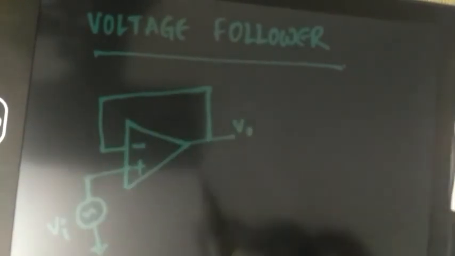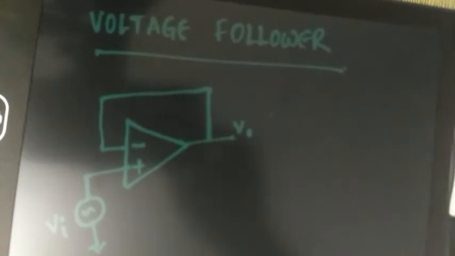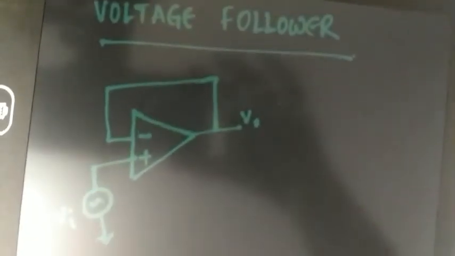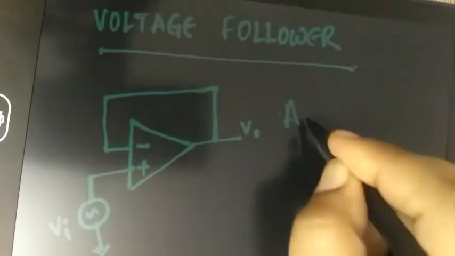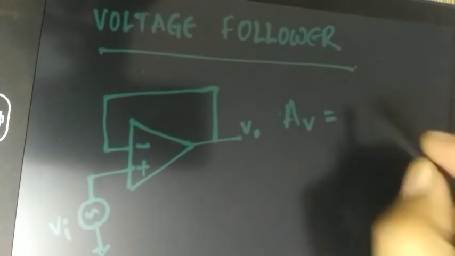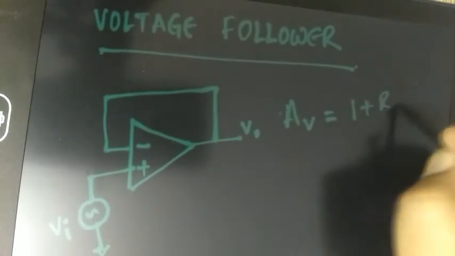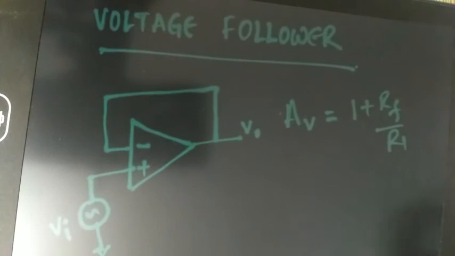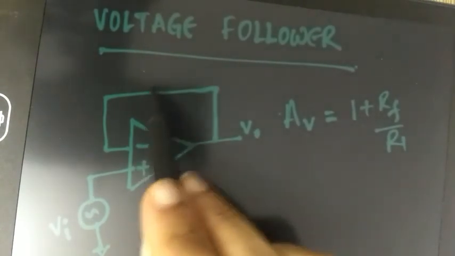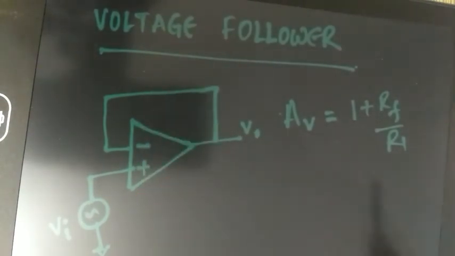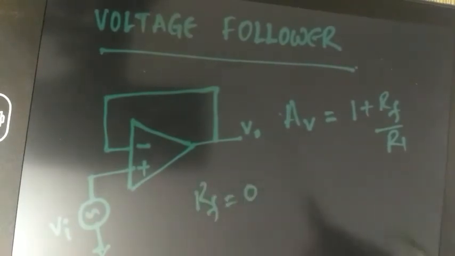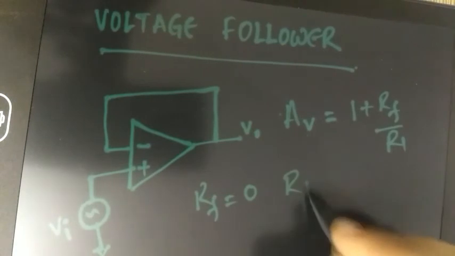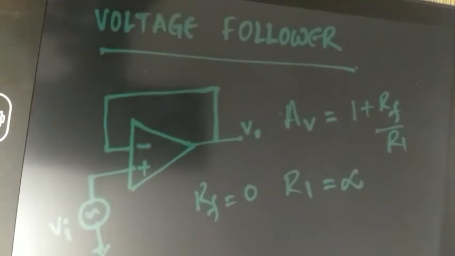in this manner. So this is the circuit for a voltage follower. Now the gain of the non-inverting amplifier is given as AV equal to 1 plus RF by R1. Now over here we don't have a feedback resistance, so RF is equal to 0, and R1 we know is infinite.